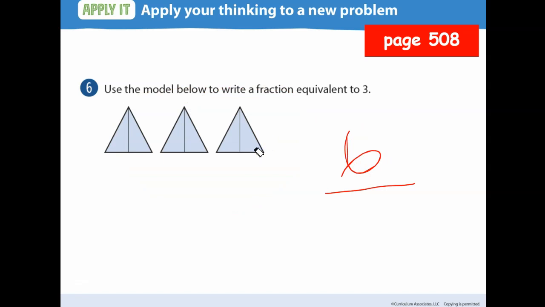And how many in each section? 2. That means the unit fraction for each one of those is a half. A half, a half, a half, and a half. There are 6 halves, which equals 3.